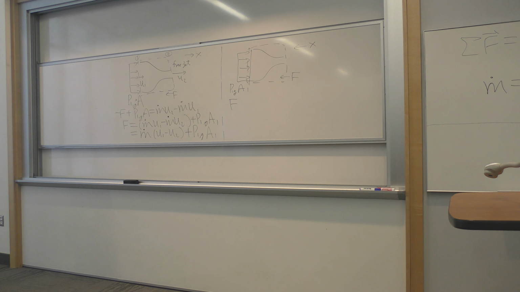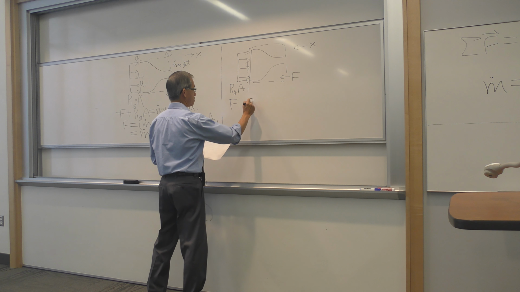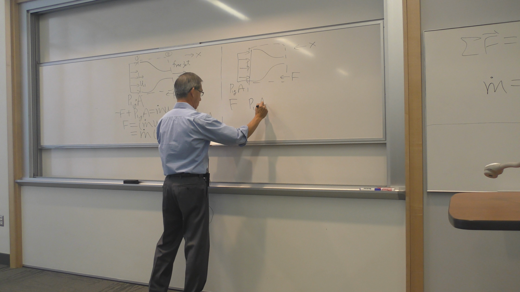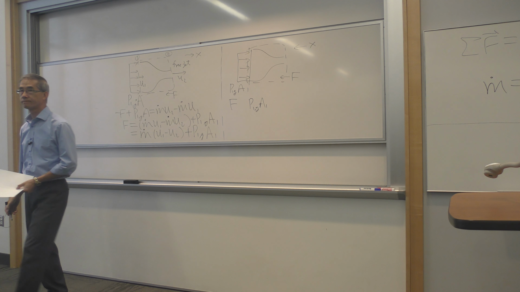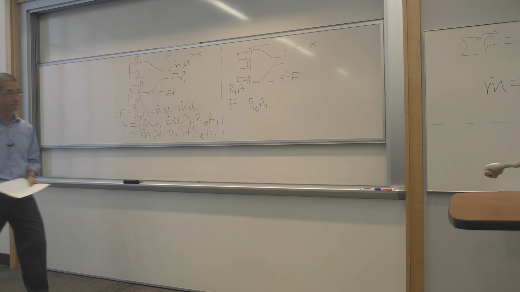Positive. Very important. That's why I cannot grade your test until you show me your coordinate system, because the sign is all that matters. Okay? So now it becomes positive. What about this term? It becomes negative.